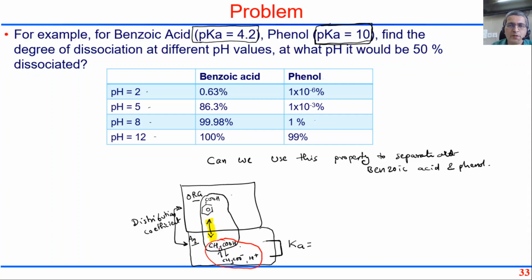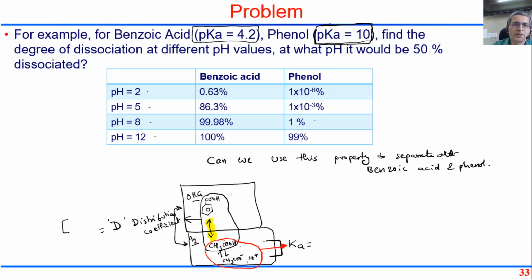The equilibrium between the undissociated benzoic acid in the aqueous phase, the benzoate ion and the H plus ion is governed by Ka, and the distribution of undissociated benzoic acid between the organic phase and the aqueous phase is governed by the distribution coefficient D. We had called it D, right?